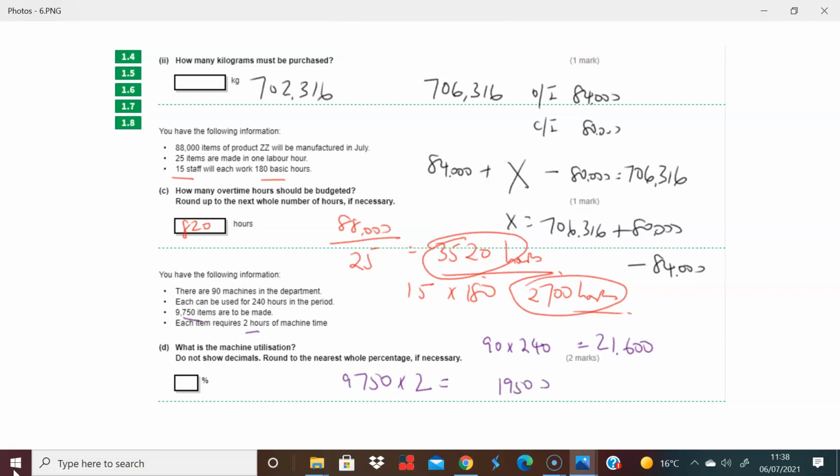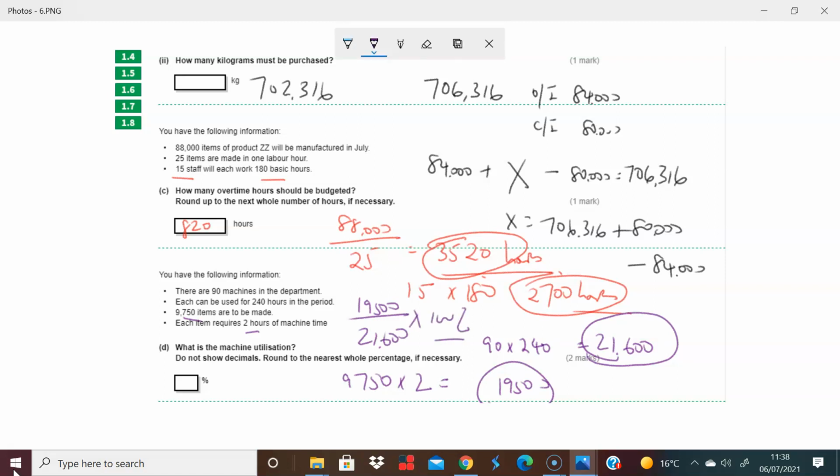So you have availability of 21,600, and you're doing 19,500. In terms of utilization, we're talking about 19,500 divided by 21,600 times 100%, and you should get 90.2 something. It tells you to round to the nearest whole percentage, which brings us to 90%.